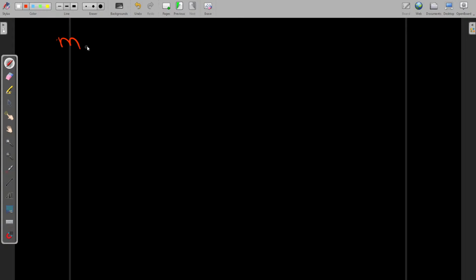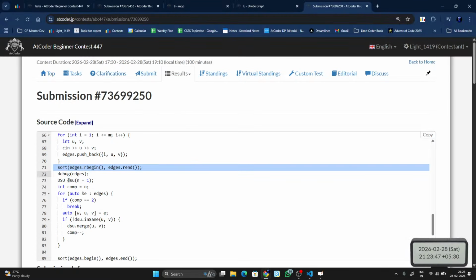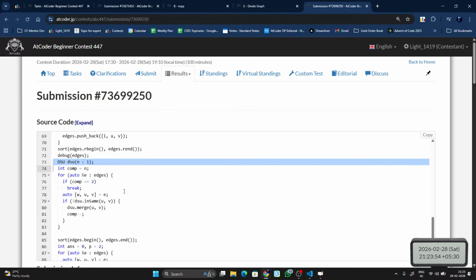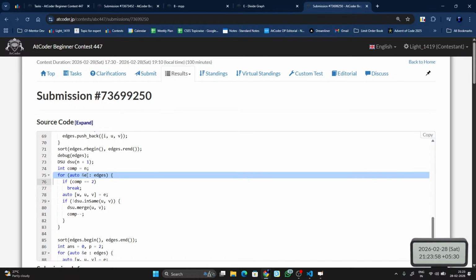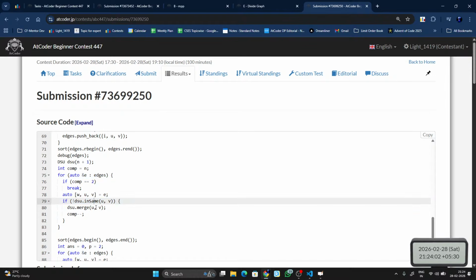So first we are sorting the edges. The sorting time complexity would be m log m for m edges. Next we are initializing the DSU. Initialization is O of n. Then we are iterating upon all the edges, and for each edge, if they are not in the same set, we are merging.